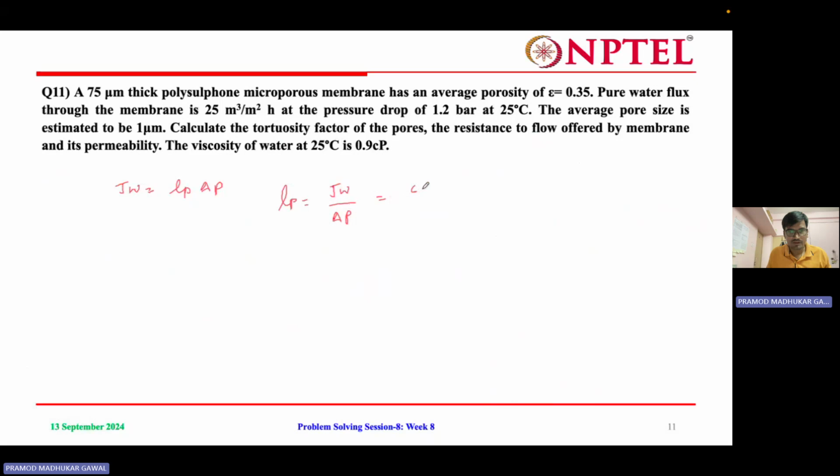So 6.94 into 10 to the power minus 3 divided by 1.2 into 10 to the power 5. So 5.97 into 10 to the power minus 8 meter cube per meter square into second into Pascal. So this is the permeability.